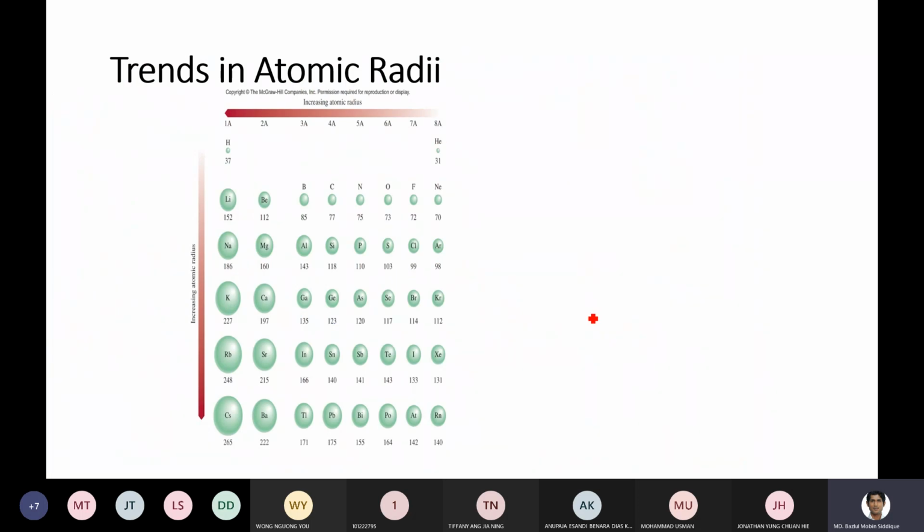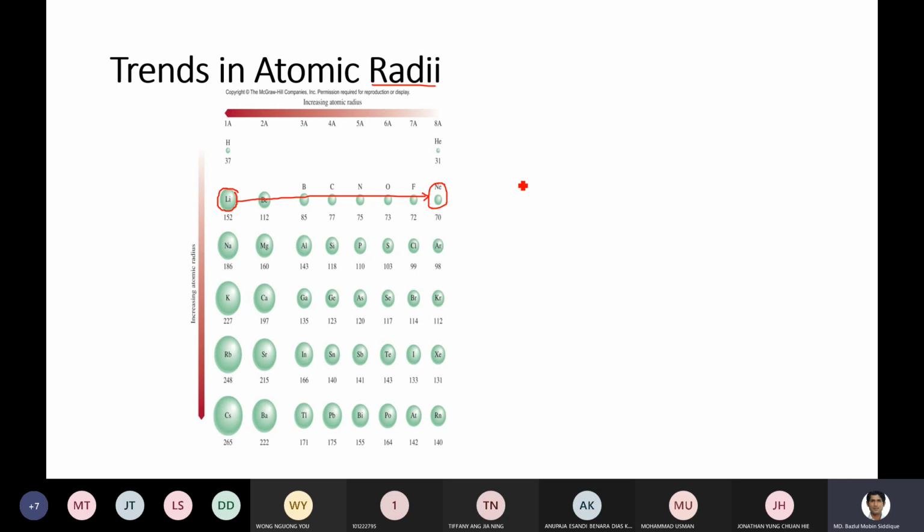Okay, let's talk about the terms in atomic radius. Radii means radius. As we said, lithium has 3 electrons and neon has 10 electrons, but the atomic radius is decreasing.